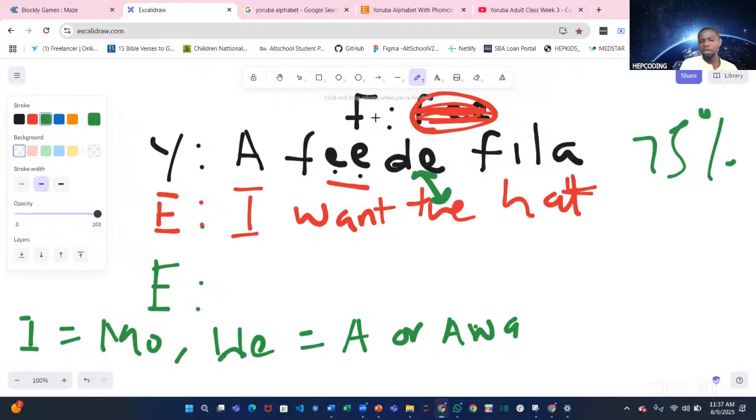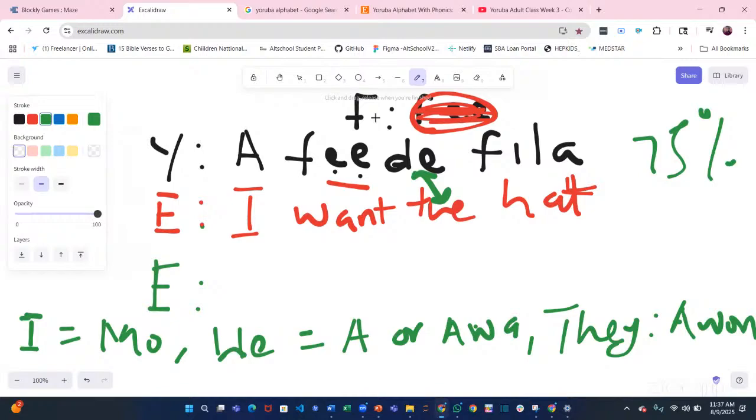So Yoruba uses a lot of abbreviation. I've been telling you about that. Okay. Awa fe de fila. But it sounds like a baby who's just tried to talk Yoruba. A fe de fila. They like to shorten things a lot. So awa de. Awon. Do you see that? Are you with me? Yeah.